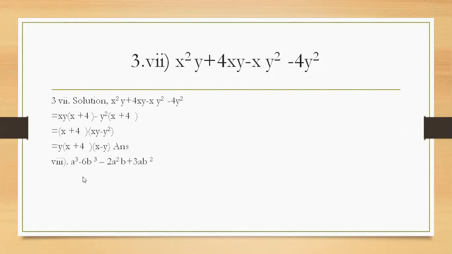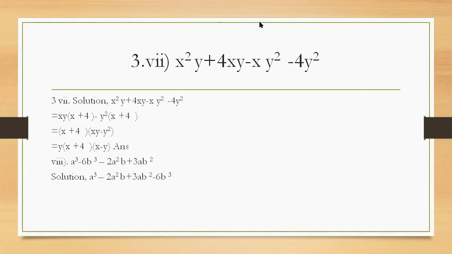Now can you tell, children, what is common here? If there is no common, then we have to shuffle, we have to change their place. This second term we can put in the last place, because in the first and second there is no common.